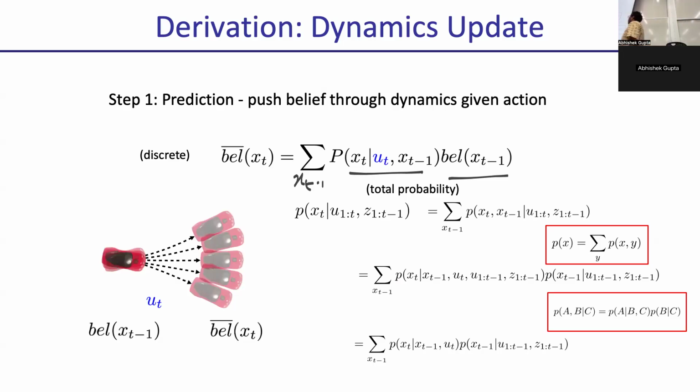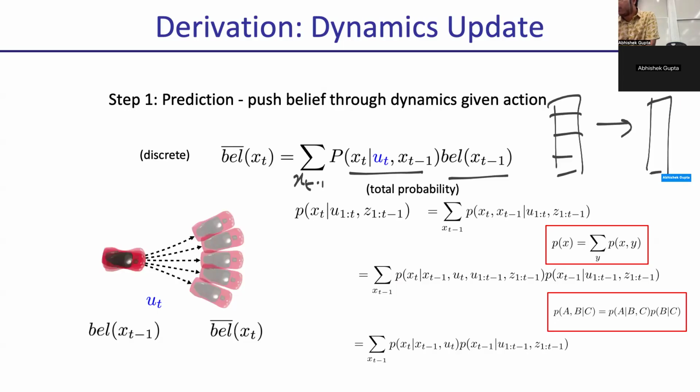So, as you were just asking, belief at xt minus 1 covers, say, 3 different positions the car could be in. Ut is saying I drove forward. And then belief bar at xt is the belief before I take a measurement.